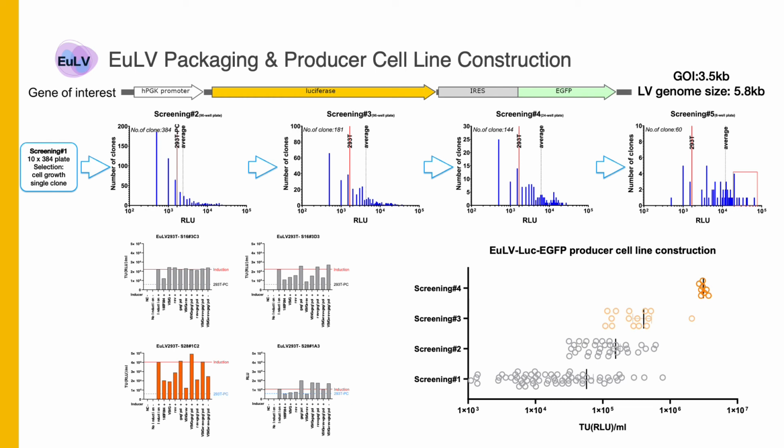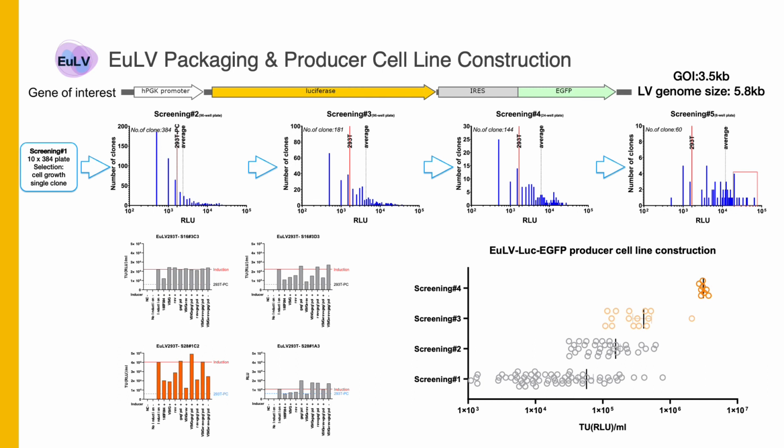After these experiments, we got a few clones, which I've shown to be the best performers. Then we want to see if they are truly optimized. In principle, if all the packaging genes in the packaging cell lines are fully optimized, for example, the copy number, the expression level, and the relative ratio, no increase of the titer should be observed after further transfection of any packaging plasmid.